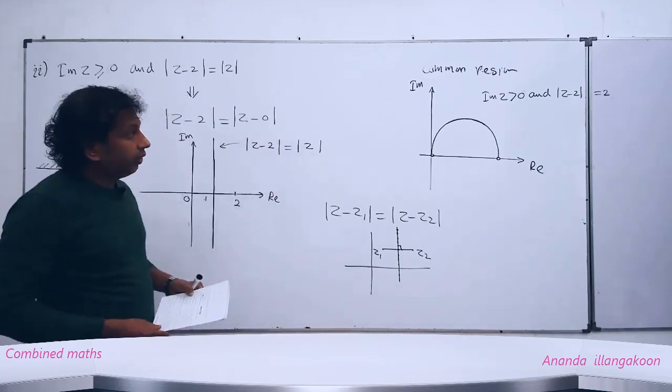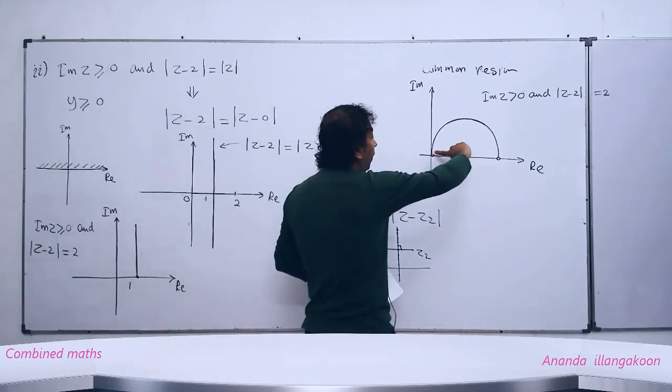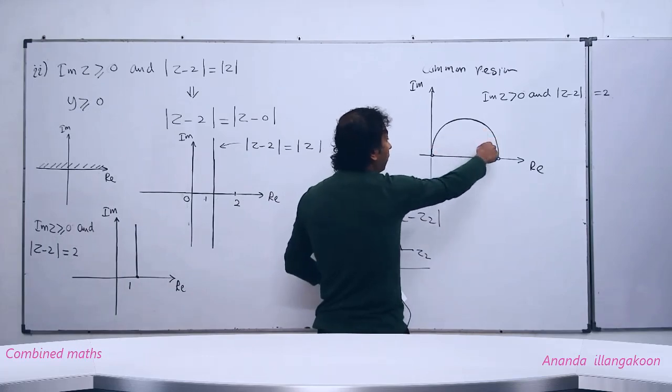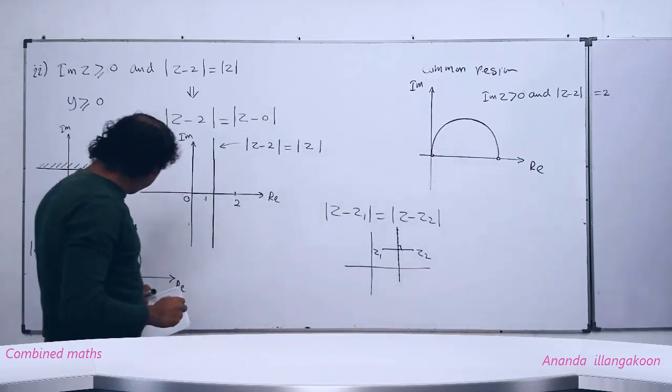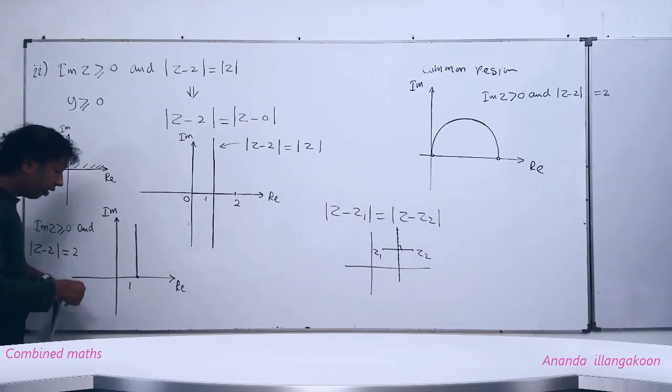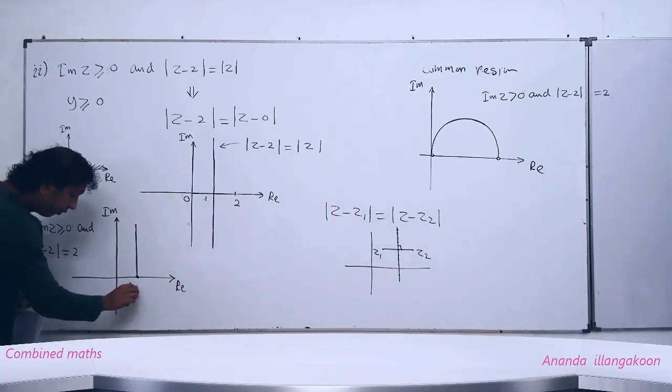Number 1 is this, people. The complex number lies on this arc. Number 2 is this. Here, this is 1. This complex number here is 1.